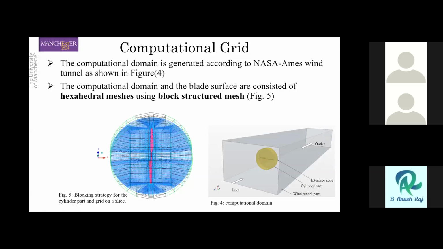The computational domain for the wind tunnel part and the cylindrical part here, also the blade surface, consist of hexahedral mesh generated by ANSYS ICEM CFD software. An O-grid topology is used for the flow field domain and around the two blades and for the blade tips.